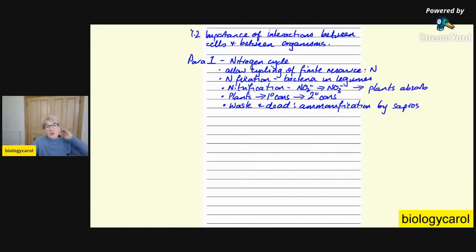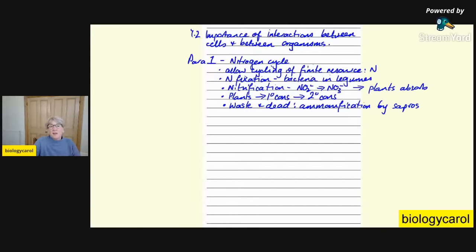So I would say nitrogen fixation occurs as a result of the interaction of mutualistic bacteria in the root nodules of leguminous plants. Mutualism being an interaction between the plant and the bacteria.